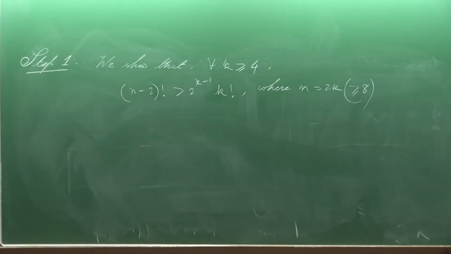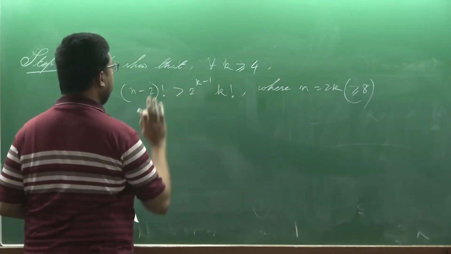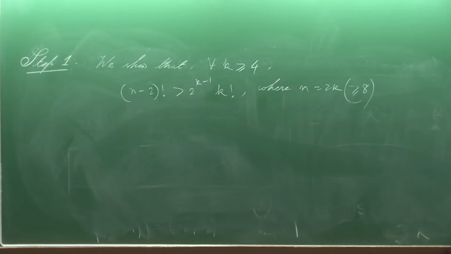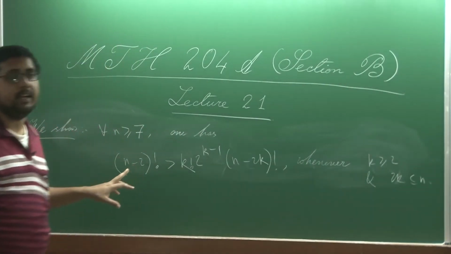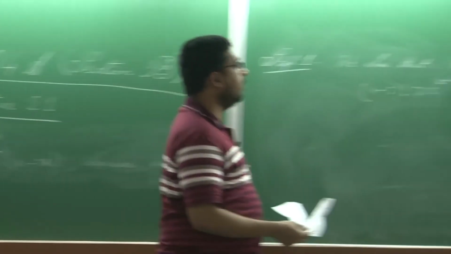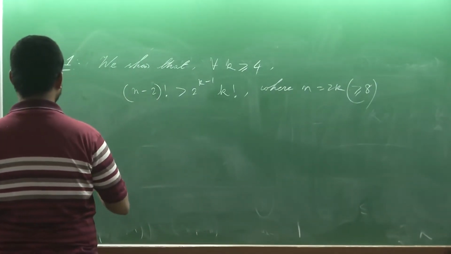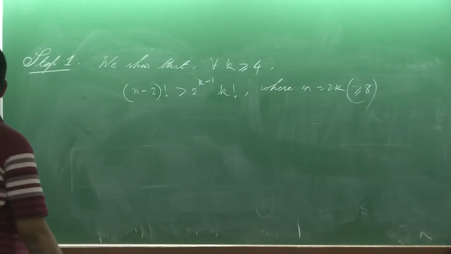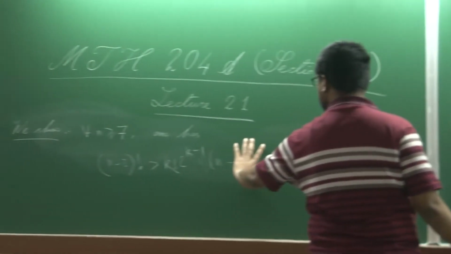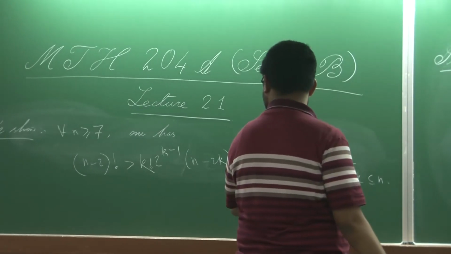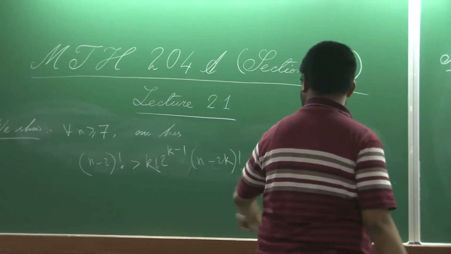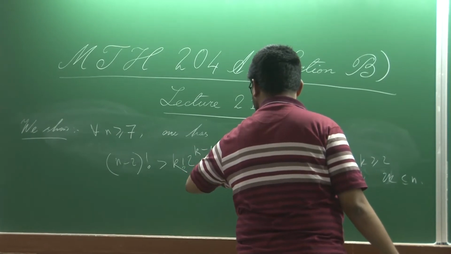So, first we will show this by induction on k. Therefore, in this step what we have shown is we proved this for every n even, and exactly their k has to be half of n.